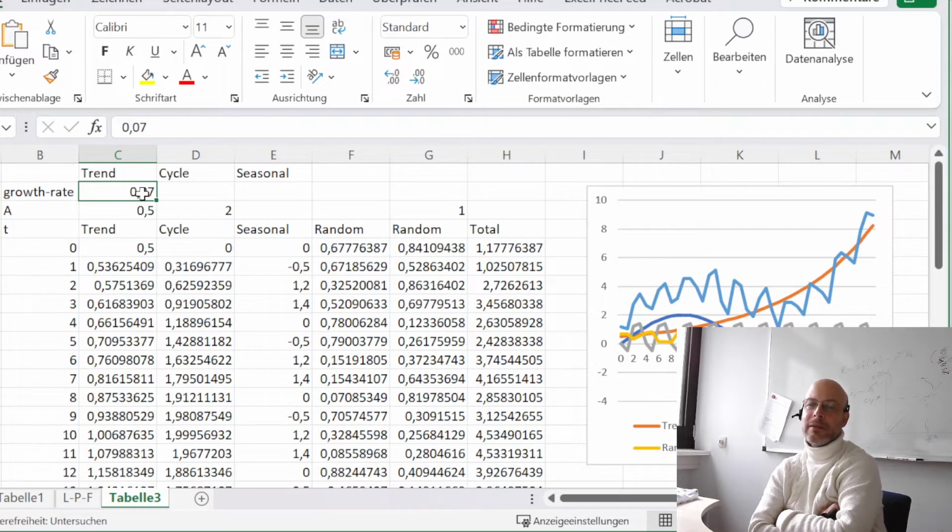And this long-term trend, this growth rate, is of course very important for your longer-term investment decisions, because out of this growth of profits, growth of revenue, you have to pay for your investment in general.